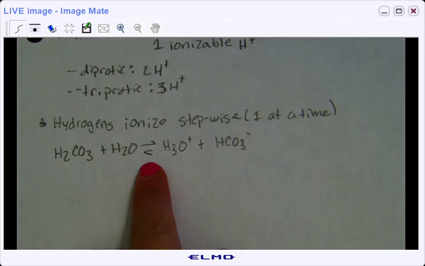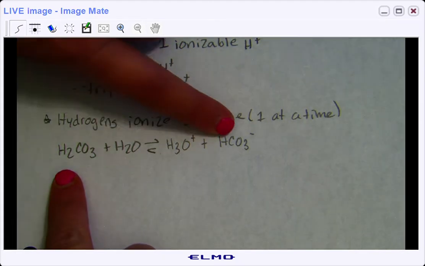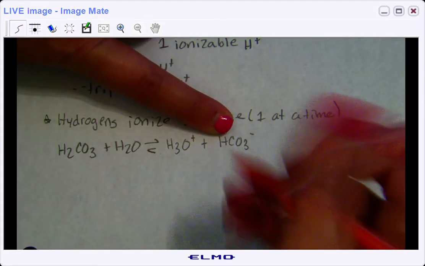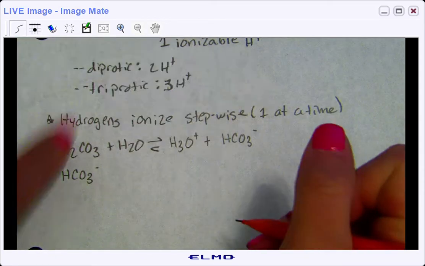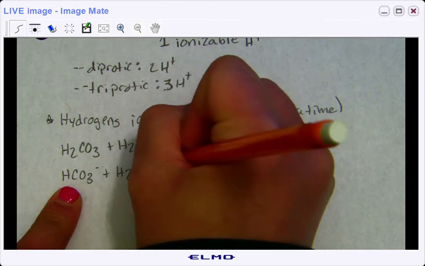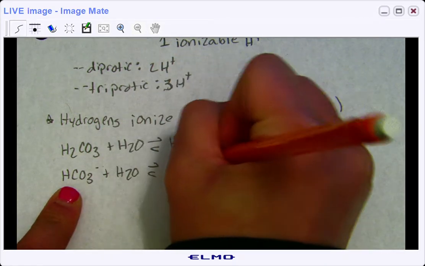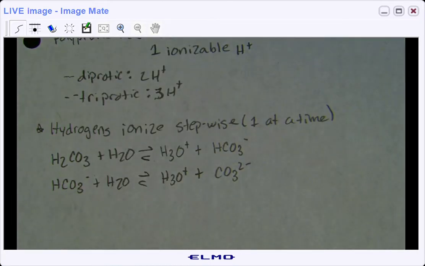Now this is in equilibrium because it is a weak acid. However, this HCO3 minus can also ionize. So this HCO3 minus in water will also form a hydronium ion and our carbonate as well.